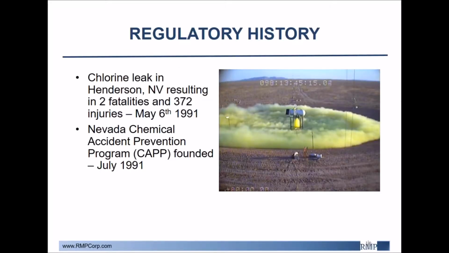Nevada CAPP was founded in July of 1991. This was as a result of a very large chlorine leak in Henderson, Nevada. It resulted in 2 fatalities and 372 injuries back in May of 1991. So at this chlorine facility, there was a small hole in some piping. The system had an automatic monitoring system that detected the leak.